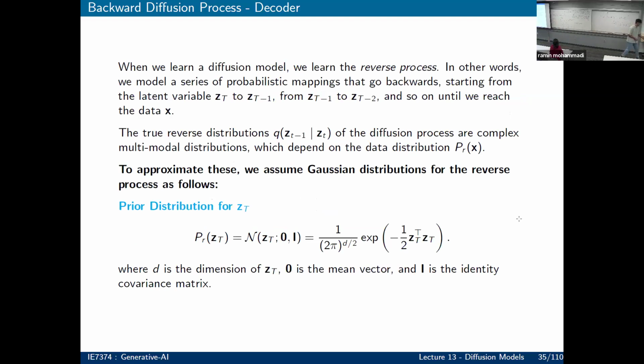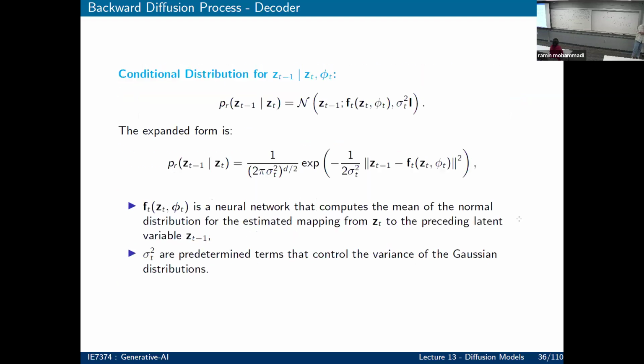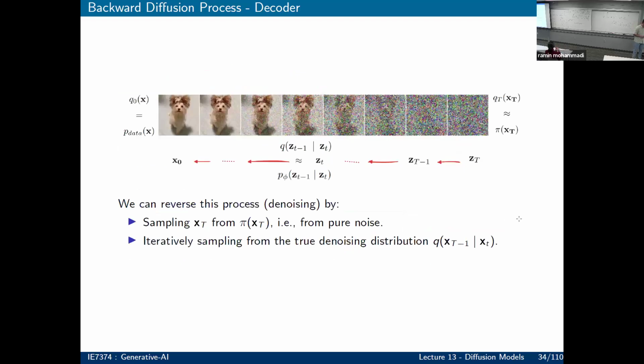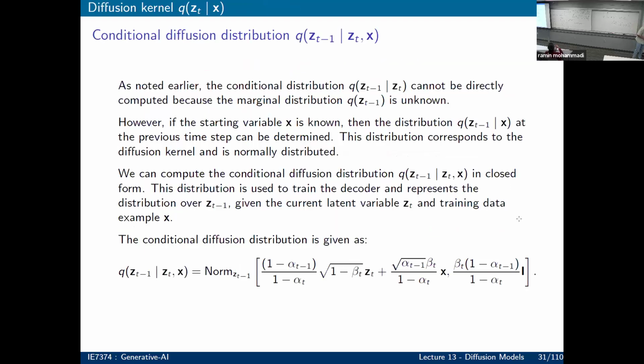Then when you move to Z_{t-1} and so on, the difference is that it still comes from a Gaussian. The first term on top is a Gaussian, but that term is technically this term. Instead of generating this and this, we are going to estimate it using models.